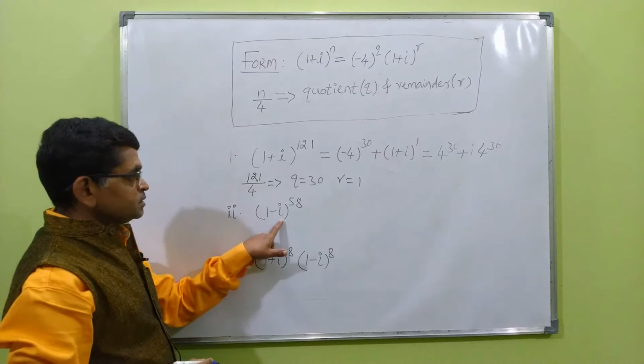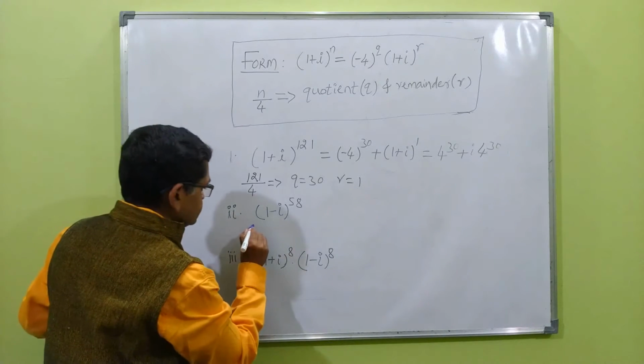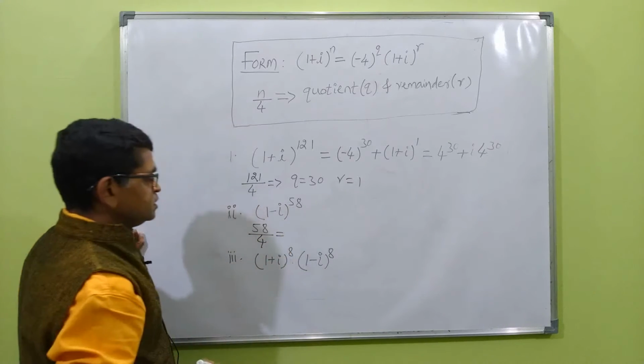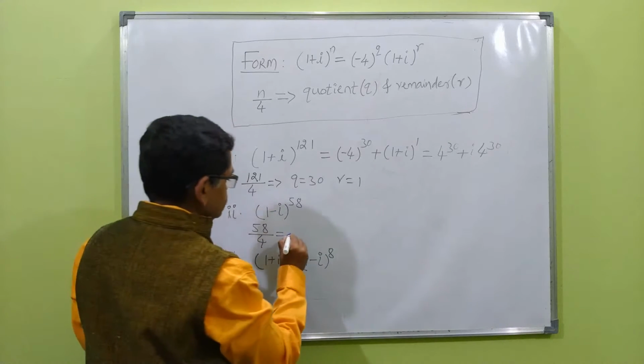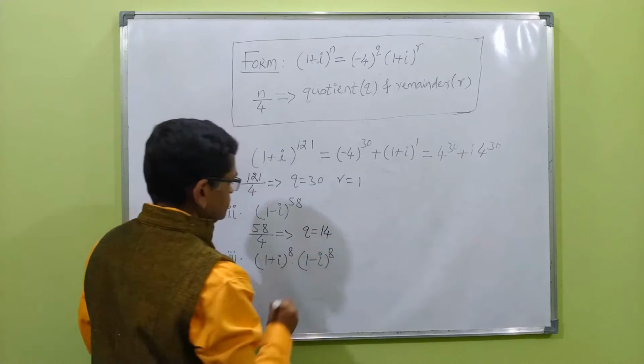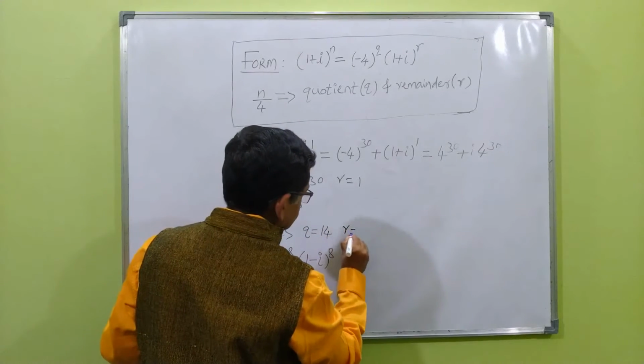Okay, similarly for this one, n by 4, this is 56, q is 14 and r is 2.